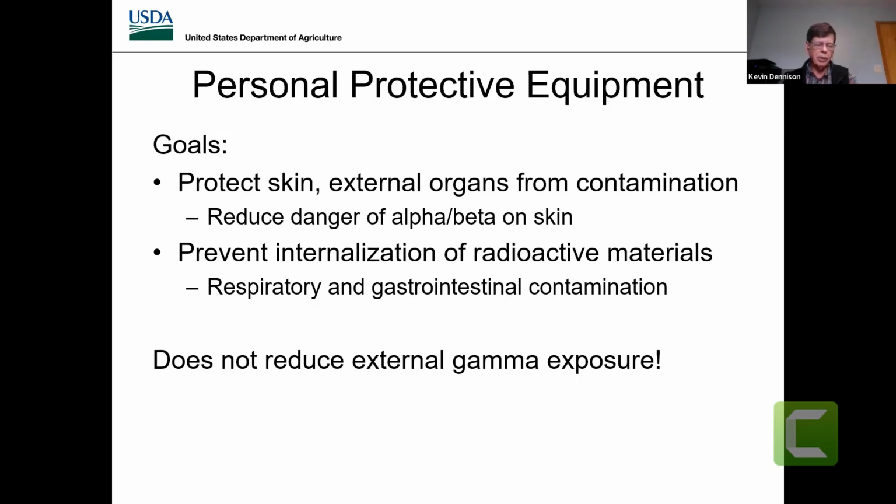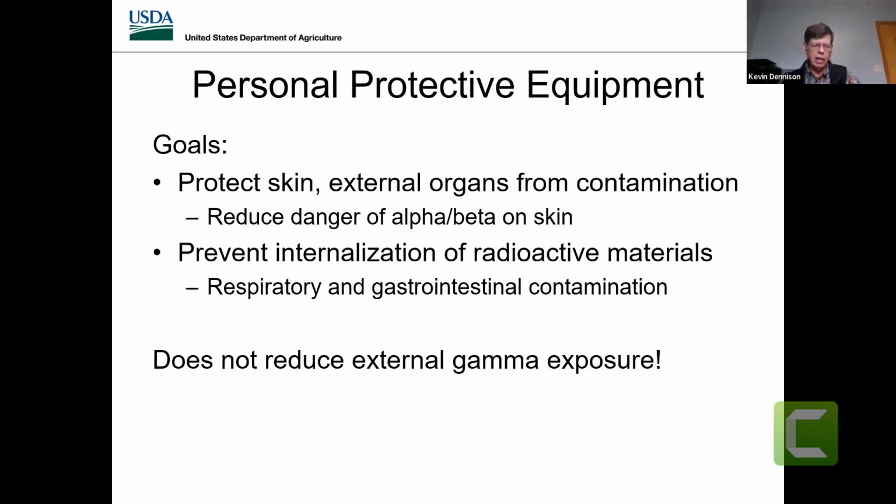And in fact, if you're in the agricultural response, if you're out in the unevacuated areas in the agricultural control zone, the only PPE you need is what you would normally wear to a normal farm visit.